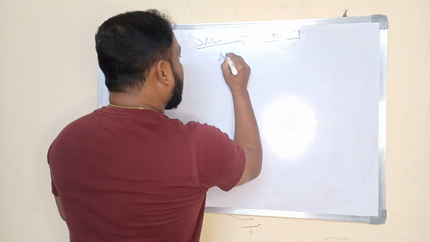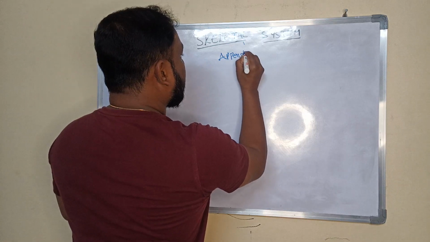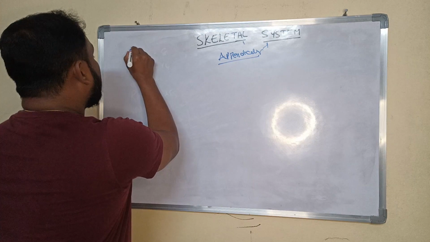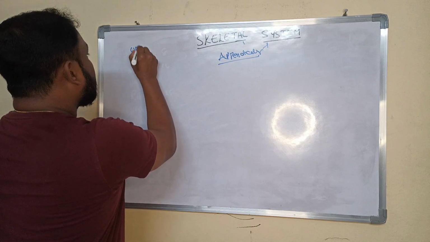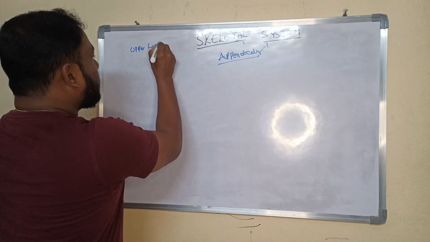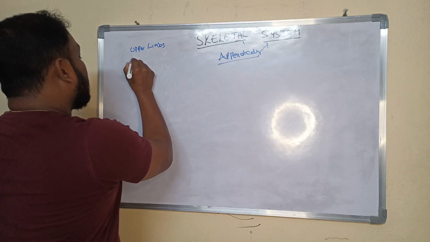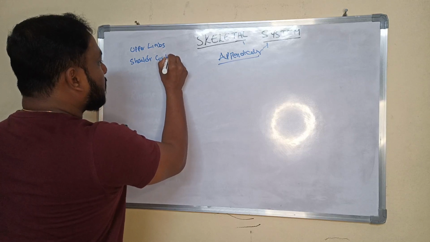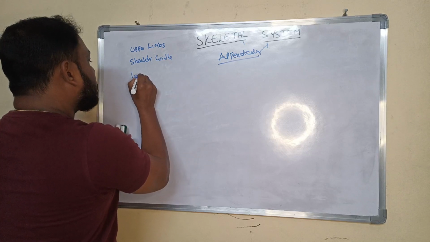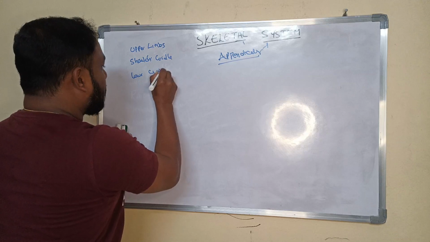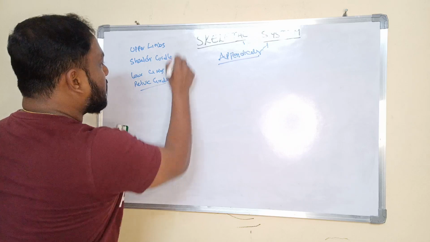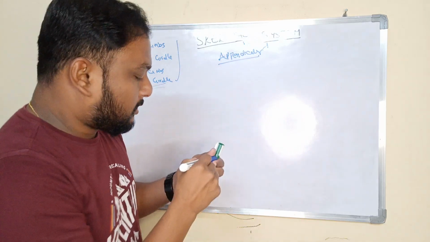So first of all, appendicular system: upper limbs, shoulder girdle, lower limbs, pelvic girdle. So these bones only we will discuss.